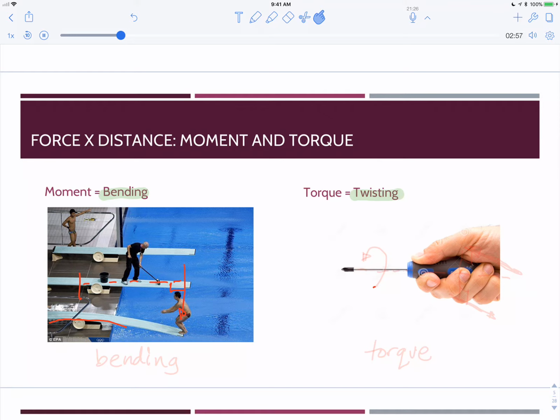You are twisting this screwdriver, and you can think of it as putting a force this way and maybe a force this way that are both in 3D this perpendicular distance away from the axis of the screwdriver. This is called torque, and this is called bending. But they are both force times distance, and they are both moments.